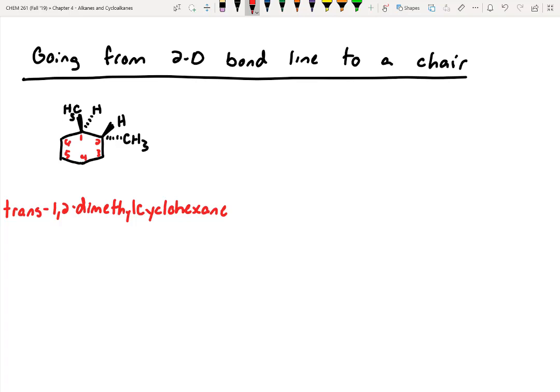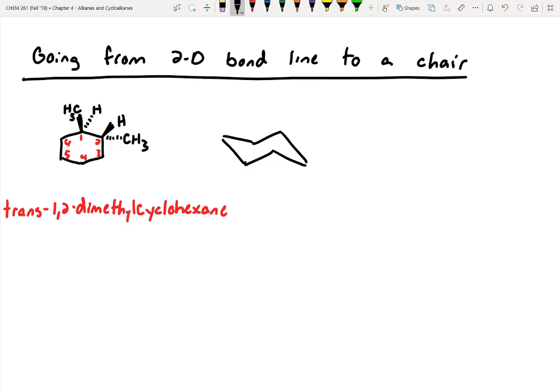Now what we need to do is think about our chair. All right, so we'll do our offset parallel lines like that. We've got our chair all worked out. Now what we want to do is number our chair. You notice how in the original structure, I numbered going clockwise.